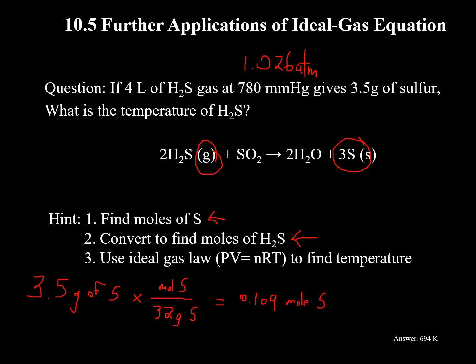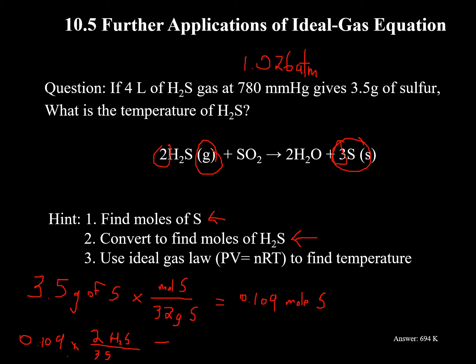Once we have the moles of sulfur, we use the balanced chemical equation. So the ratio is 3 and 2. The 2 moles will go on top for H2S, and on the bottom, 3 moles of sulfur.